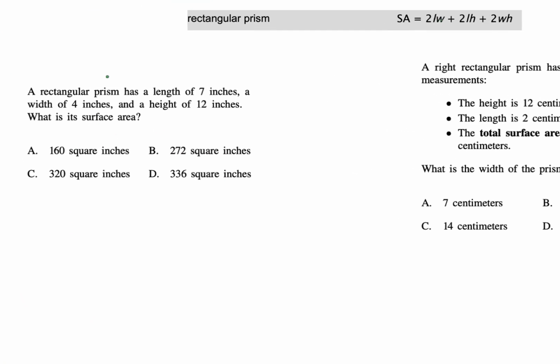So sometimes they don't give you a shape, they'll just write it in words, and it says a rectangular prism has a length of 7 inches, a width of 4 inches, and a height of 12 inches. What is its surface area? So again, surface area is 2 times length times width plus 2 times length times height plus 2 times width times height.